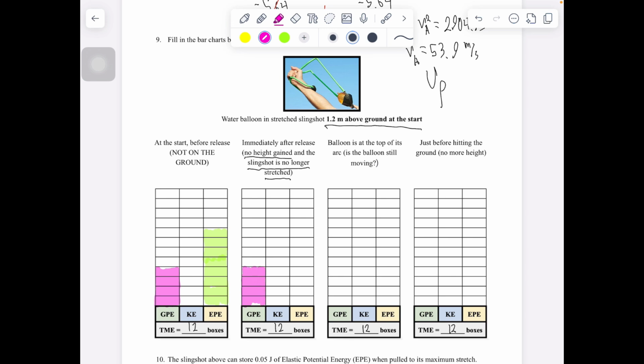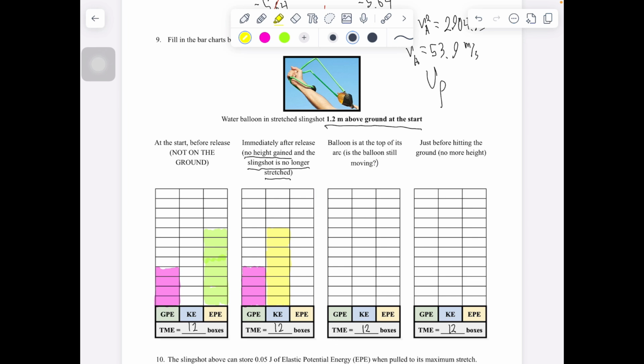But if our total is supposed to be 12, where did that elastic potential energy go? Well, it turned into kinetic. It's the only place it could go, since our gravitational potential energy is not increasing. So let's fill in. That elastic potential energy just turned into kinetic. It's just like our Nerf launcher lab. We have gravitational potential energy. The elastic turns into kinetic.